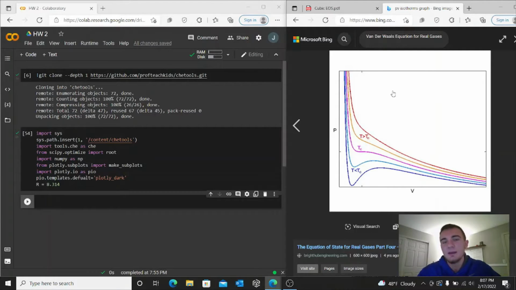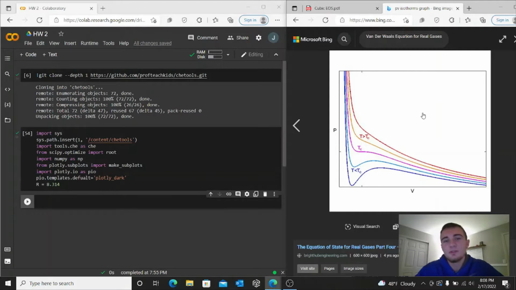So if we look at PV over nRT with n being constant, we have PV over RT. So if we want to solve for pressure here, we have that pressure equals the ideal gas constant R times temperature over V. So that is how we get these curves here.